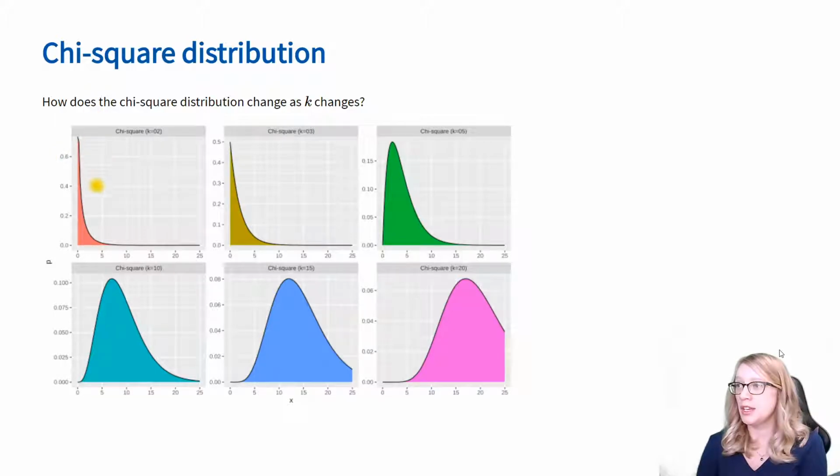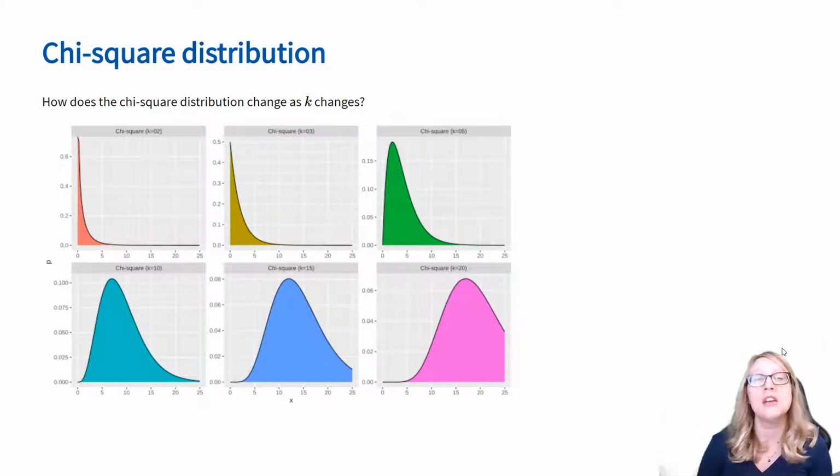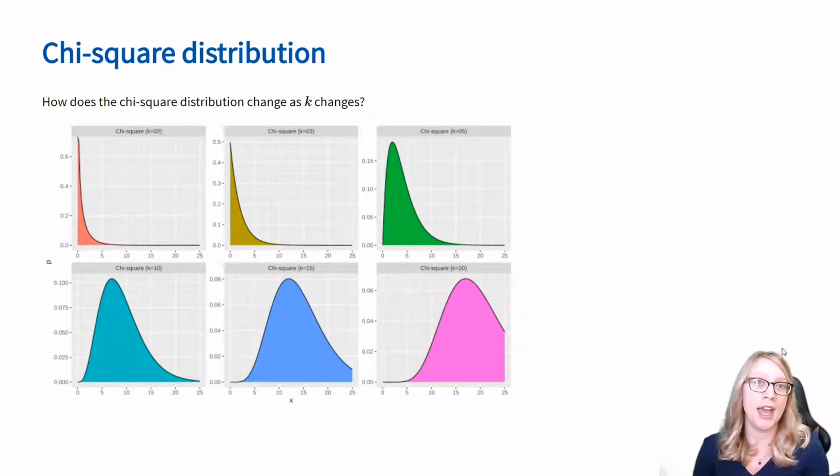Looking at this, most of the time we would expect to see chi-square test statistics in the 0 to maybe 5 range. As we increase the number of categories K, we're shifting that chi-square distribution up toward the right. So again, the higher the value of K, the higher the number of categories, the higher the chi-square we would expect to see if there was no association.